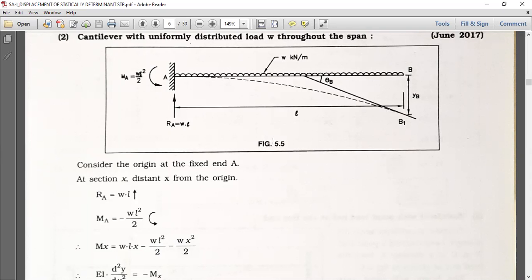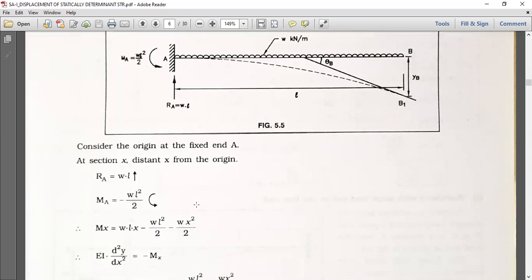Now RA is equal to W into L because the load is given as a UDL. MA is equal to W into L by 2, which is WL square by 2.